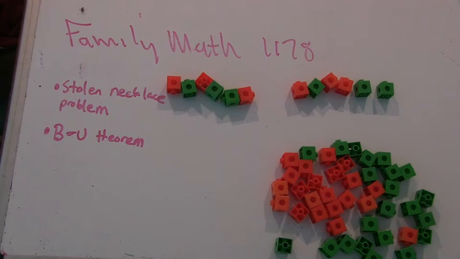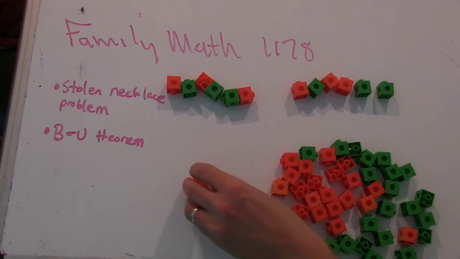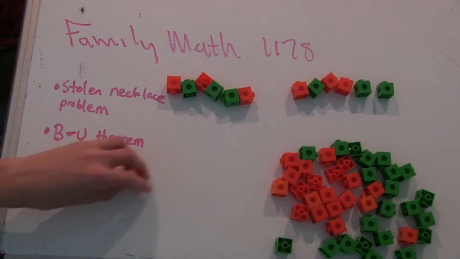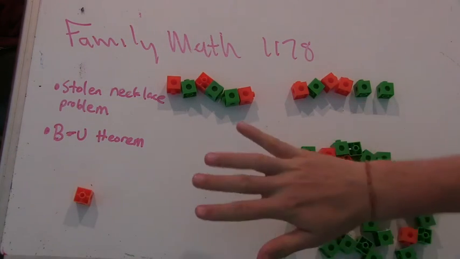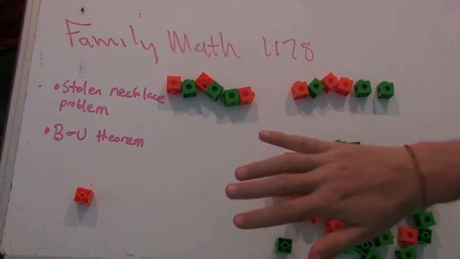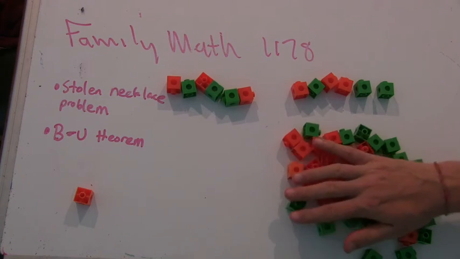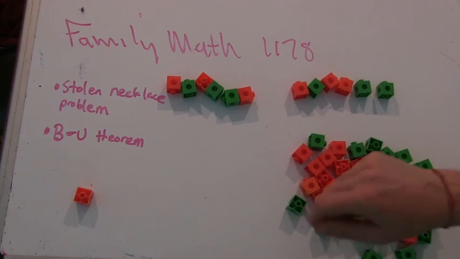I should have grabbed a sphere ahead of time, but we did not, which is fine. We could pretend one of these cubes was a sphere. So you have a sphere, and you somehow, in a continuous way, squish it down, which just means you don't tear it or anything.